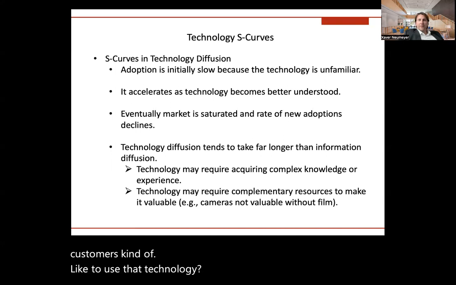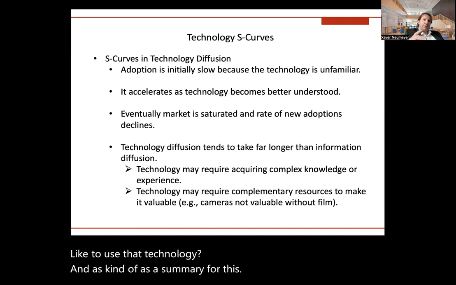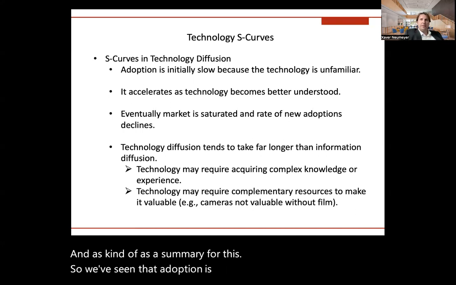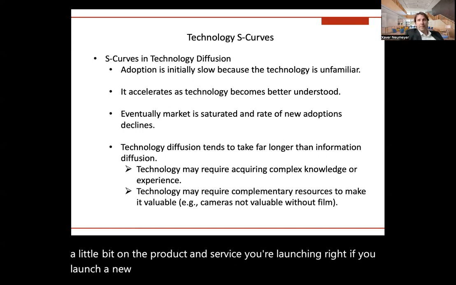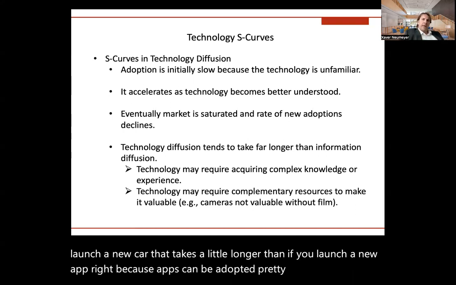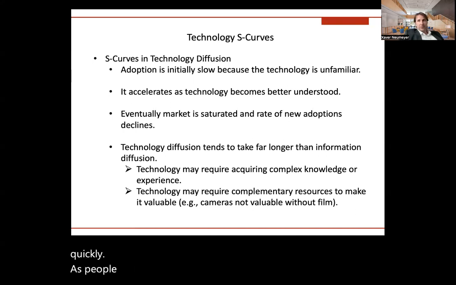And as a summary, we've seen that adoption is initially slow, right? It also depends a little bit on the product and service you're launching. If you launch a new car, that takes a little longer than if you launch a new app, because apps can be adopted pretty quickly. As people understand the utility of the technology, these S-curves accelerate, right?